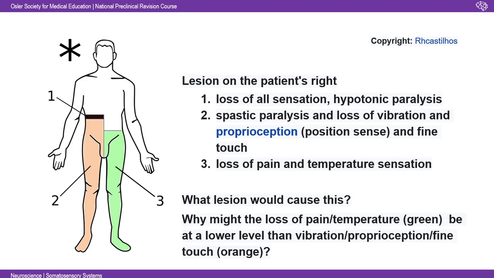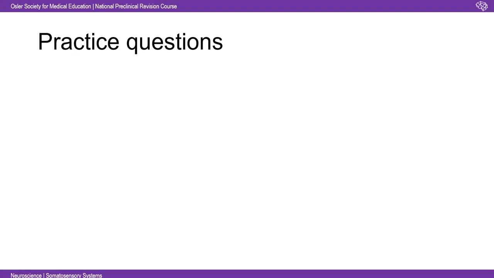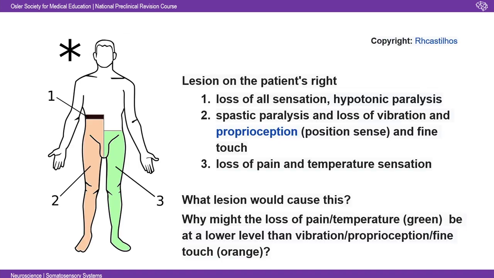So, just one practice question. If anyone would be keen to go through this, feel free to put it in the chat, or if you'd rather unmute, please do that. This is a patient who has had an injury and straight away had a pattern of sensory loss and motor weakness.